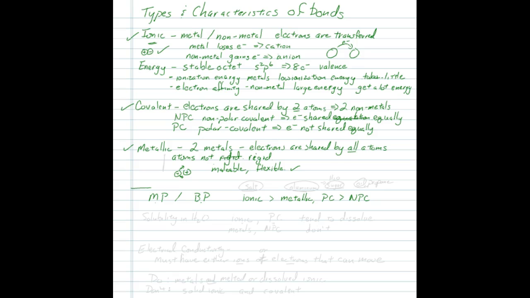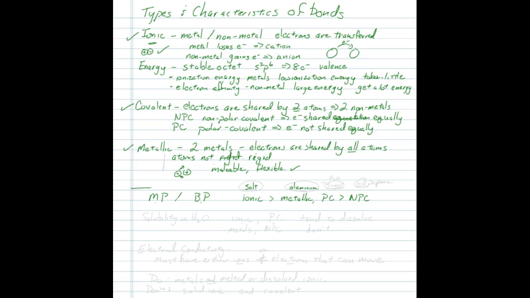Ionic, if you want to think about ionic, think about salt and the characteristics. Salt is a very characteristic ionic compound. If you take some salt, try to throw it in a pan on the stove, it will not melt. Metallic, think aluminum foil. You have lots of examples of that.